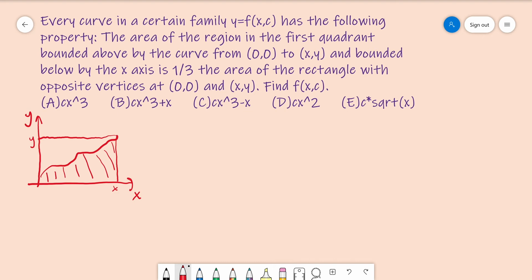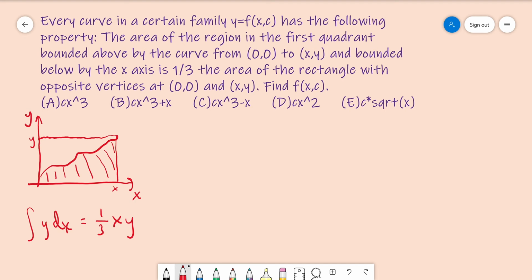Well, that just means that the integral of the function with respect to x is equal to 1/3 of the rectangle, which is x times y. That's the area of the rectangle. Okay, so you have to solve this problem.